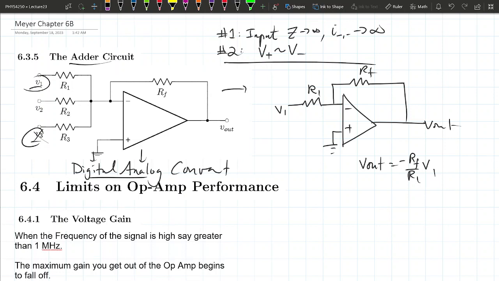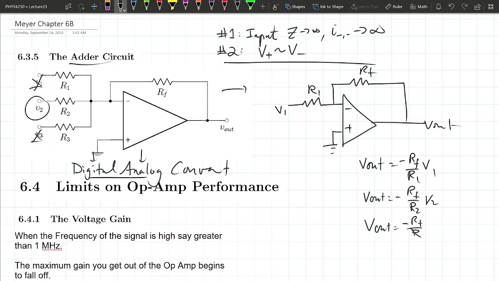Well, now I'm going to change the rule on you again. If V1 is 0, V3 is 0, and V2 is the only non-zero, what will be the output instead? The same, but what's the difference? R2, V2. So the same argument can be made for V3.